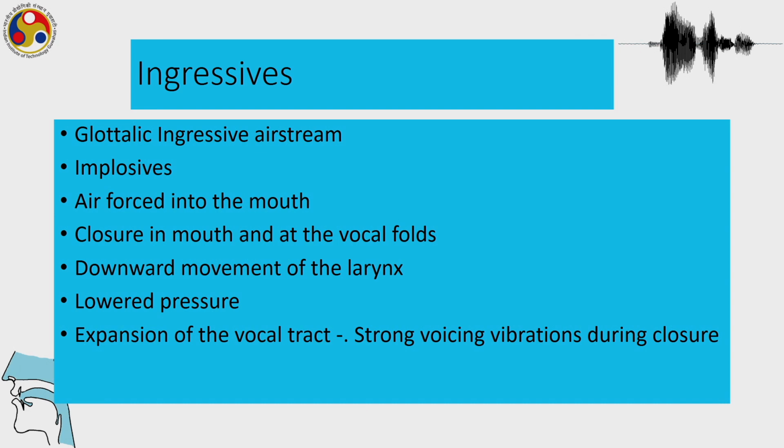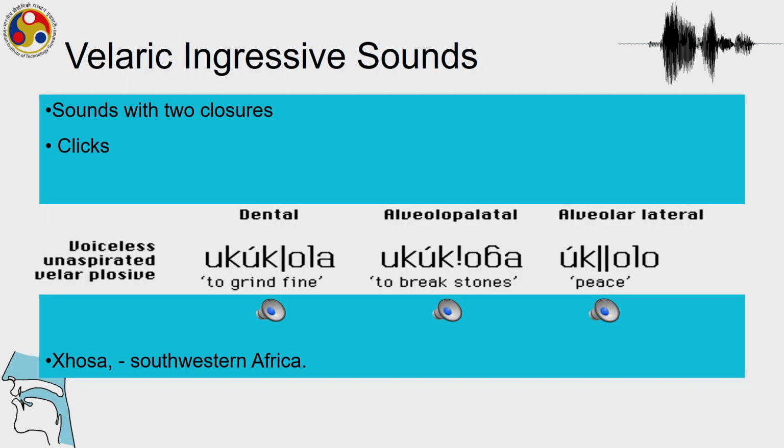So, air rushes into the mouth, the glottis is lowered, creating lowered pressure, and the larynx is lowered, causing some expansion of the vocal tract, leading to strong vibrations. This is how glottalic ingressive airstream, which results in implosives, is produced.